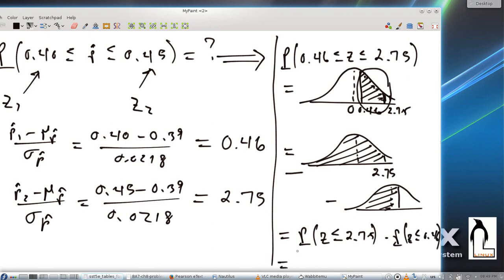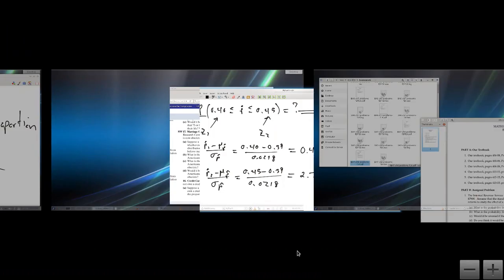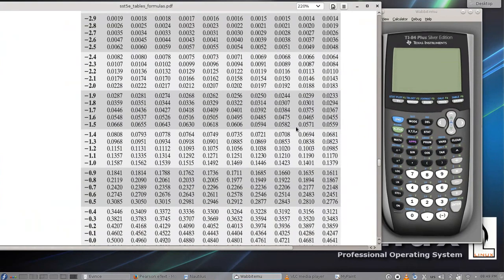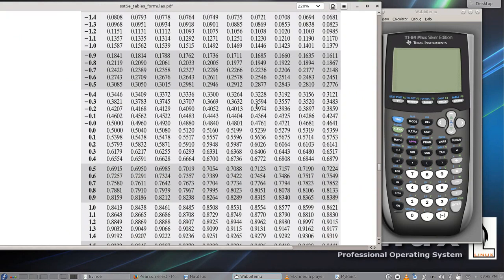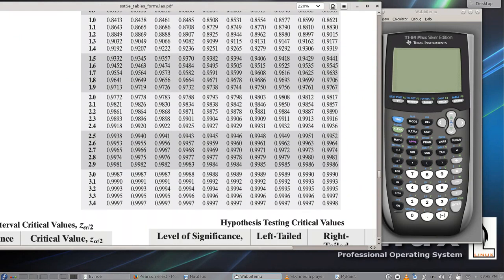So let's read the first one, 2.75. I need a positive value, which is down here. So 2.75 is in the sixth column, 1, 2, 3, 4, 5, 6. The sixth column is right here.